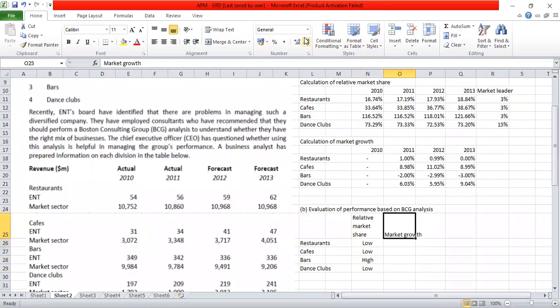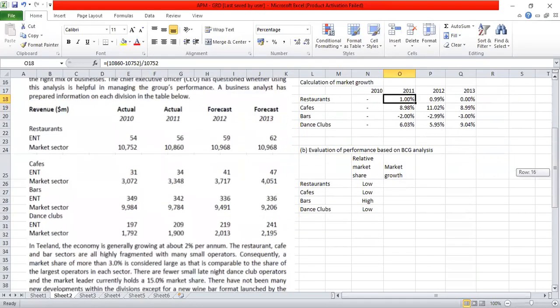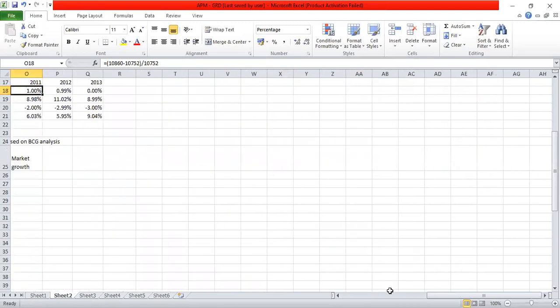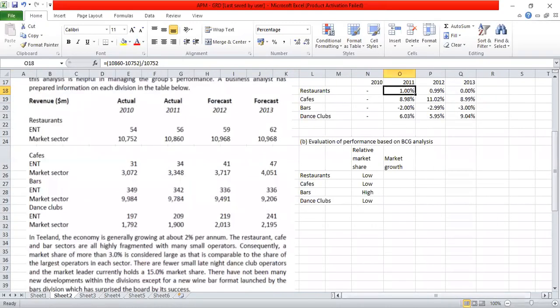About the market growth. In Tea Land, the economy is generally growing at about 2% per annum.